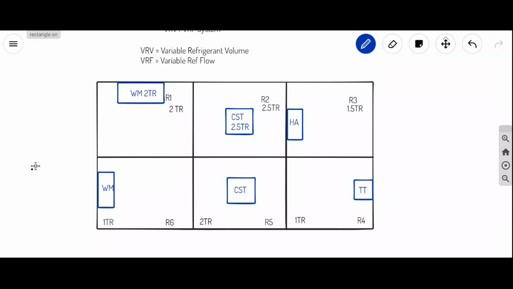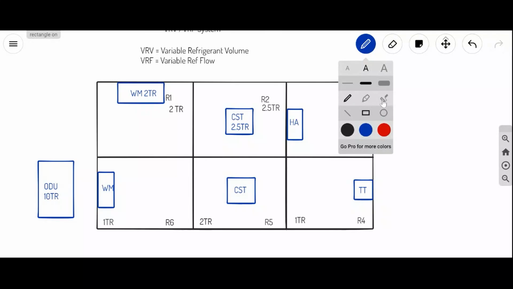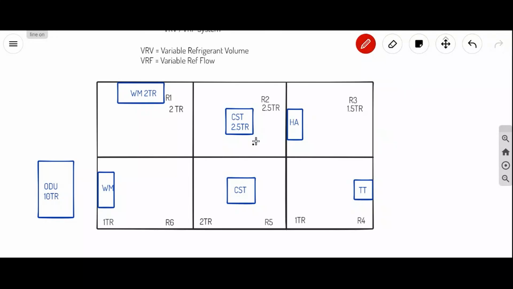Next, we take an outdoor unit of 10 TR. We'll take an outdoor unit of 10 TR. Now all the indoor units are connected by using a refrigerant line.